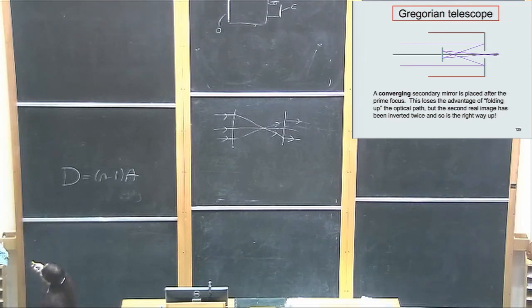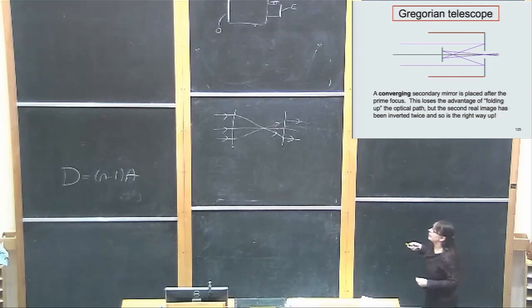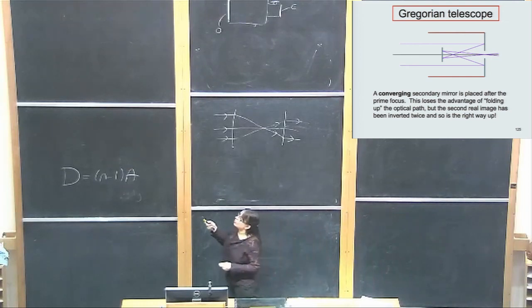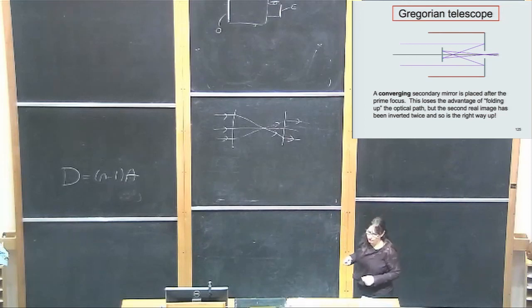So again, you've lost much of the advantage of folding up the focal length, but the purpose of this converging mirror is that you've now inverted the image effectively twice, so you end up in the end with an upright image, right? So this is again a good terrestrial telescope design. Lots of bird spotting scopes and things tend to be based on this sort of design.